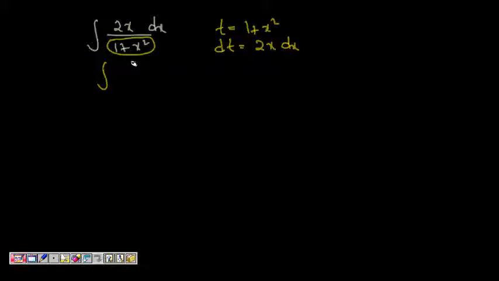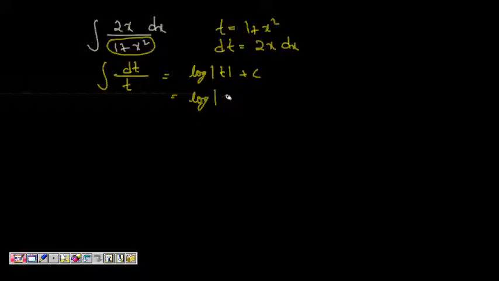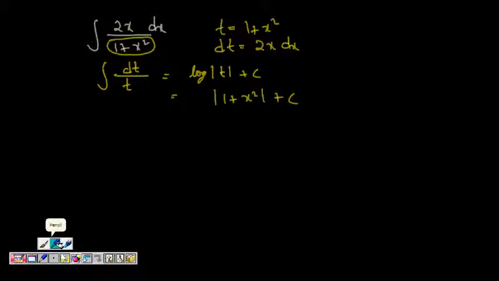So 2x dx is dt, divided by 1 + x², which is t. Now we know that this integral is log of mod t plus c. So this is log of mod 1 + x² plus c. This looks simple now.